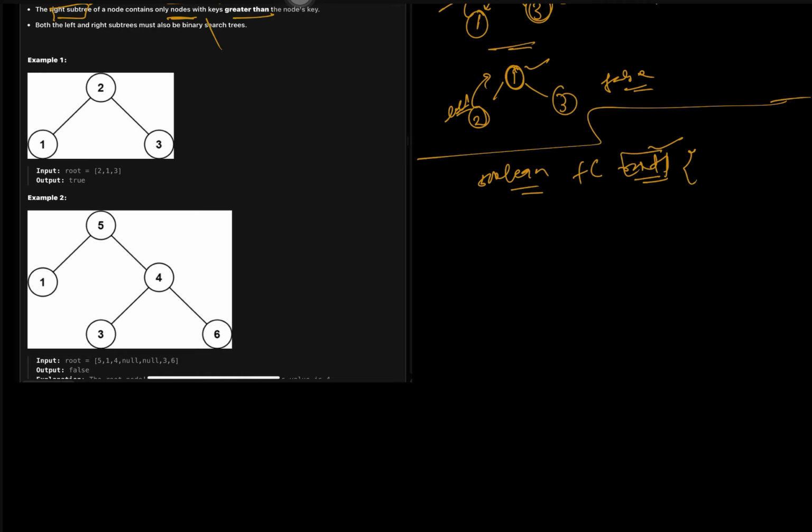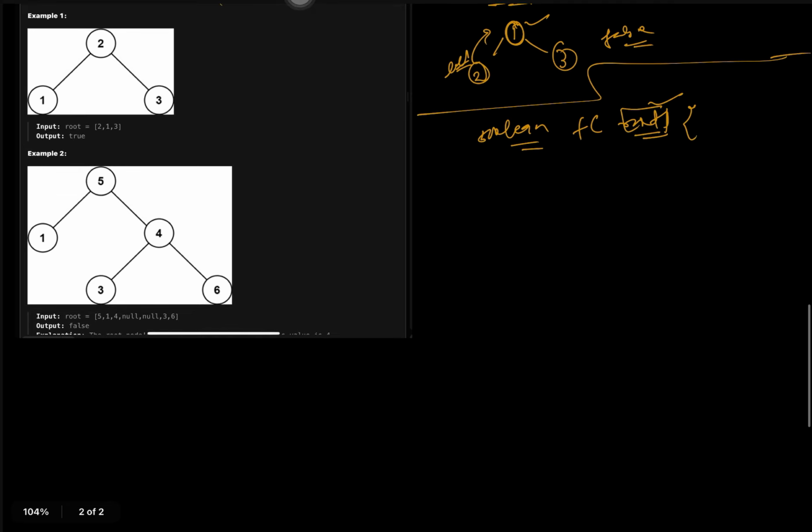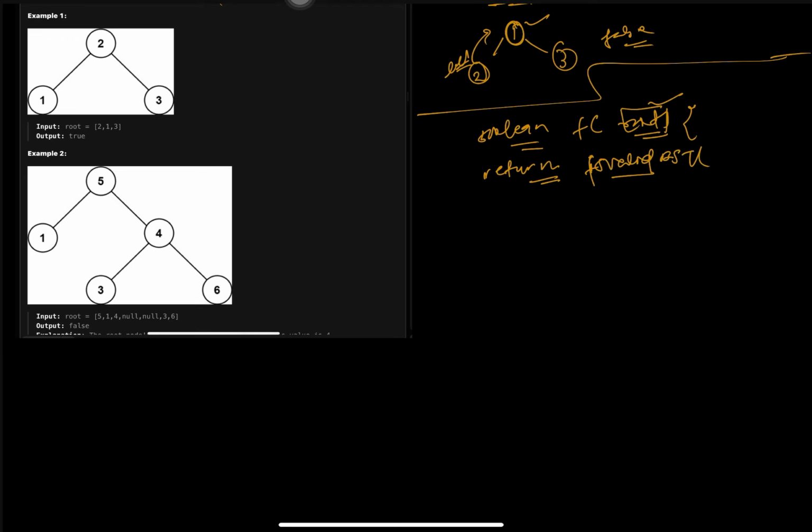So we make another function which also returns a boolean. The name of the function is validBST, and we pass the root of the tree and then two null values.